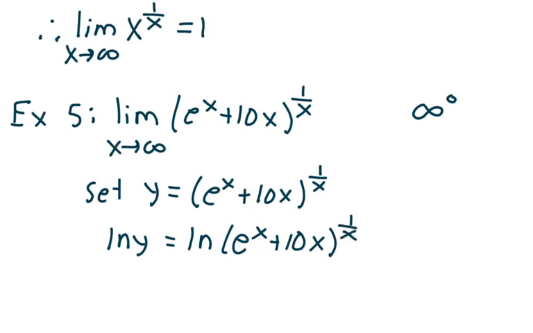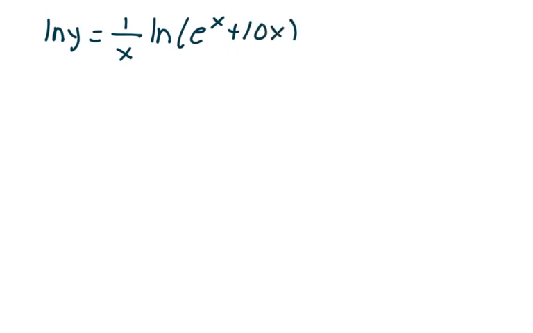But I'm going to move that 1 over x out in front of the log. So natural log of y is 1 over x ln of e to the x plus 10x. Okay? And so I'm going to take a look at the limit as x goes to infinity of ln of y.